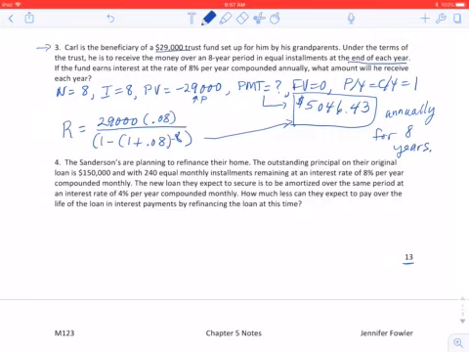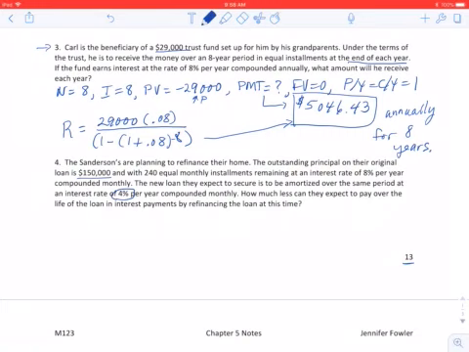Now let's take a look at the Sandersons, number 4, who are going to refinance their home. The outstanding principal on their original loan is $150,000. That's how much they owe, with 240 equal monthly installments remaining at an interest rate of 8% per year compounded monthly. The new loan they expect to secure is to be amortized over the same period at an interest rate of 4% per year.